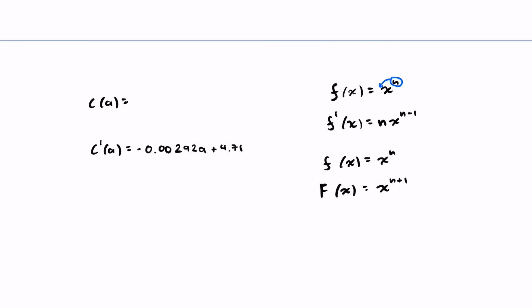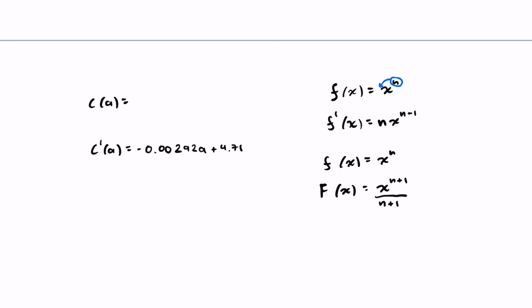If we want to reverse the process, what's the opposite of multiplication? Well, division. We would divide by that new exponent. So once again, you have some function, f of x equal to x to the power of n, and you want to take the antiderivative. You reverse the derivative taking process. You add 1 to the exponent, and then you divide by whatever that new value is.